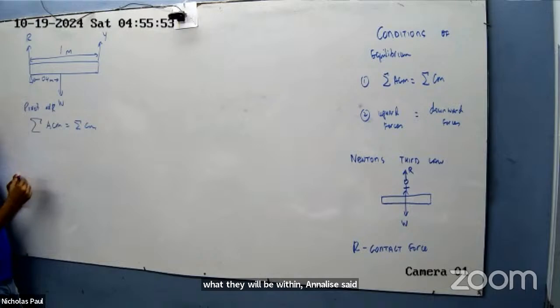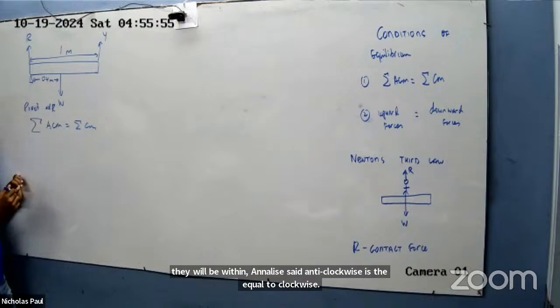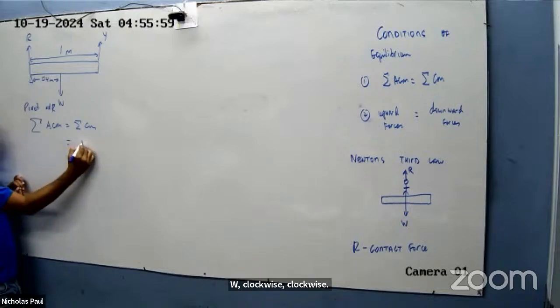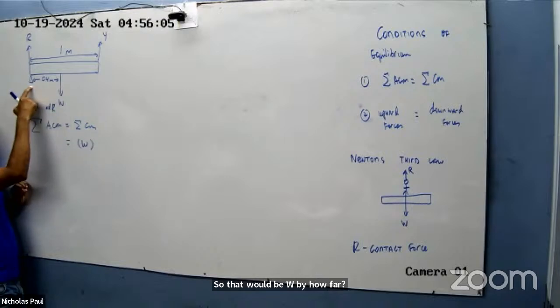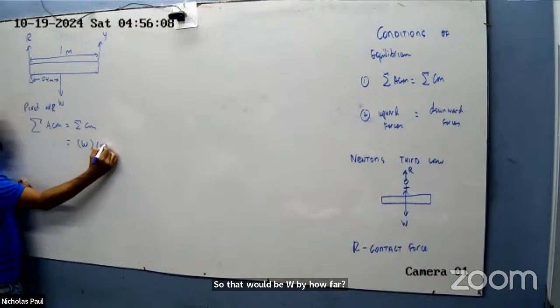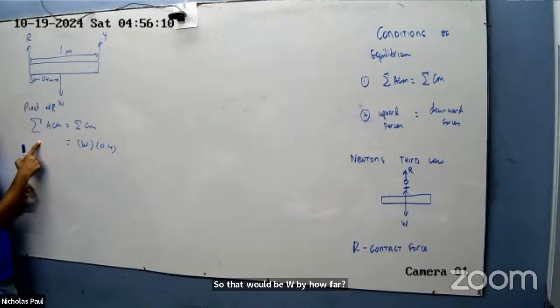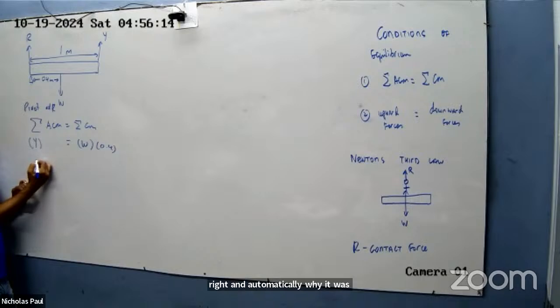W, clockwise or anti-clockwise? Vichy, clockwise. So that will be W by how far? 0.4. Right? And automatically Y is what, Vichy? Anti-clockwise, right?